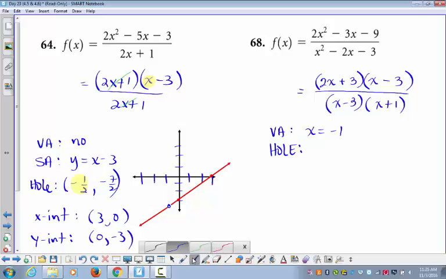Let's put it as an ordered pair. So 3. So that factor can cancel out. And to figure out the y value of the hole, you plug in the 3 into what's left. So you're going to have 3 times 2 is 6, plus 3 is 9 divided by 4. That's going to be the hole.